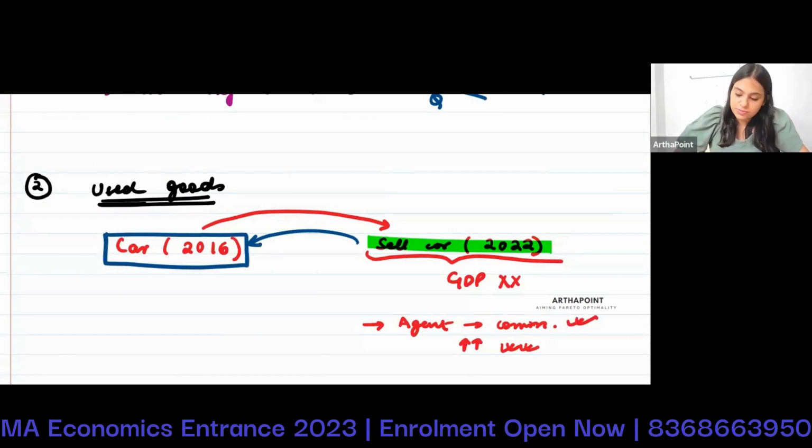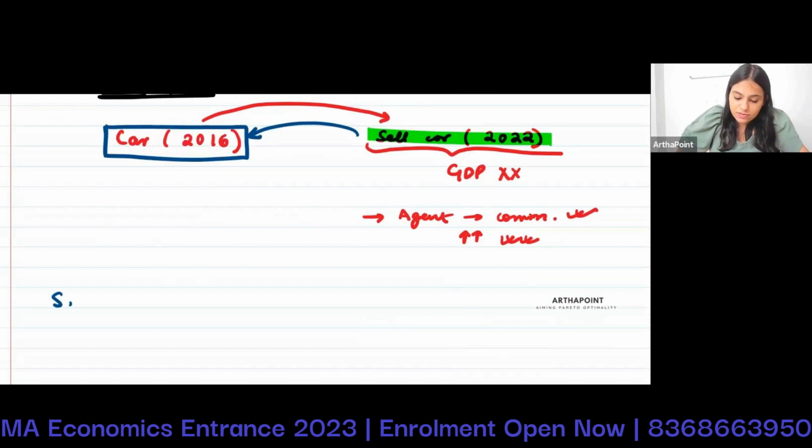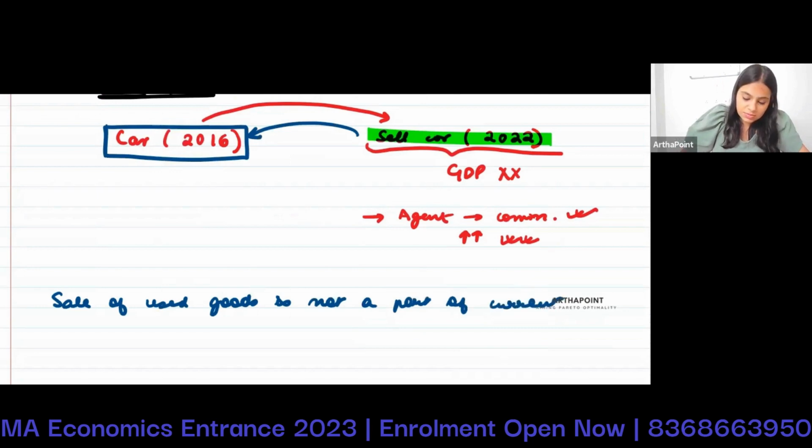So please write down, sale of used goods is not a part of current year's GDP.